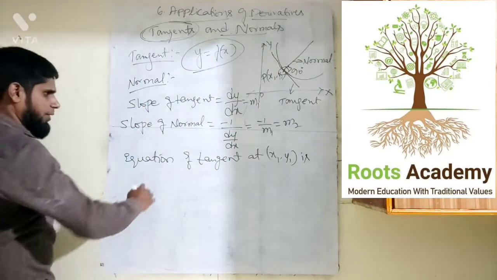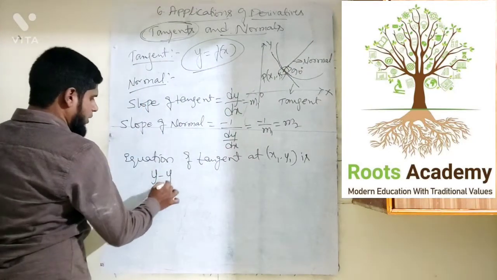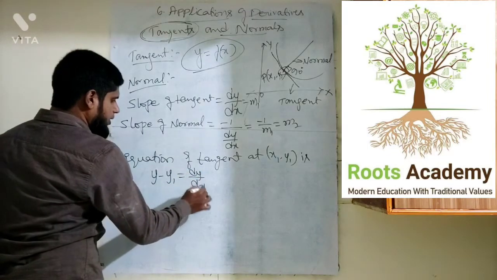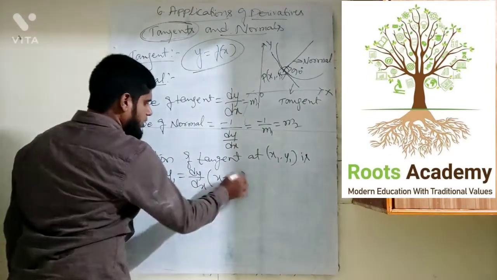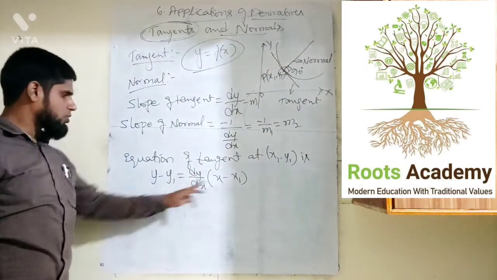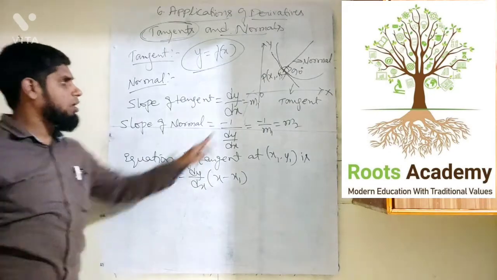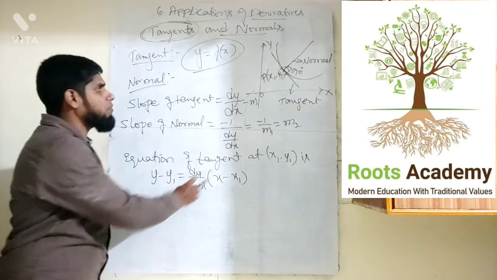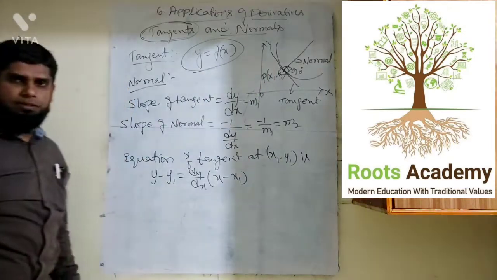So the equation is y minus y1 is equal to dy by dx into x minus x1. This is our equation of tangent. x1, y1 is the point and dy by dx is the slope of this tangent.